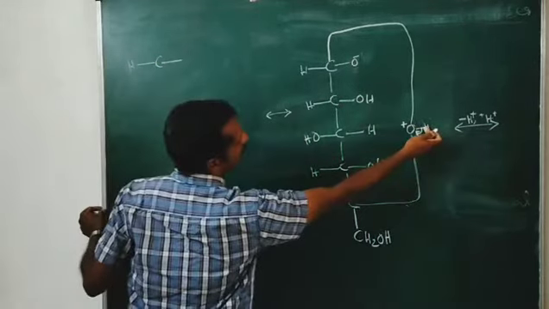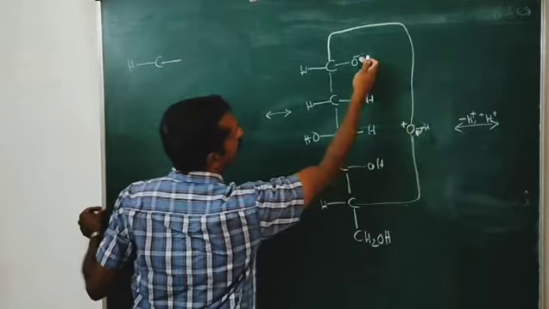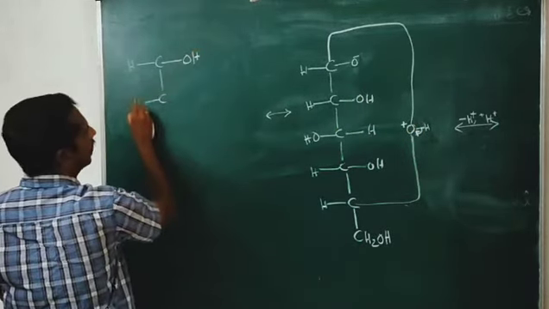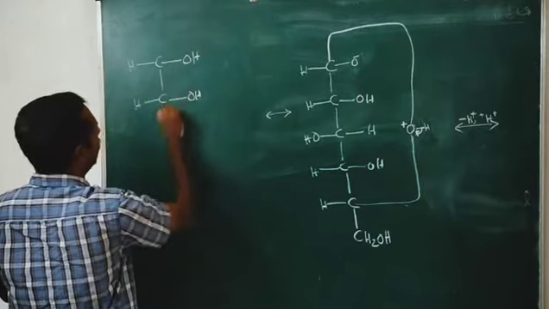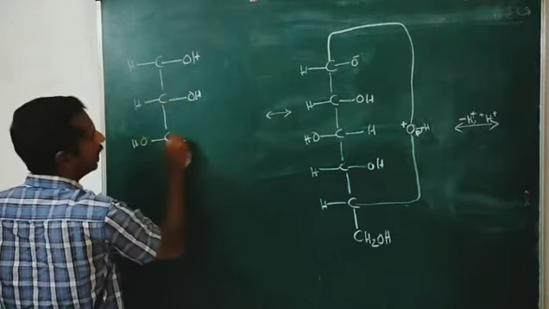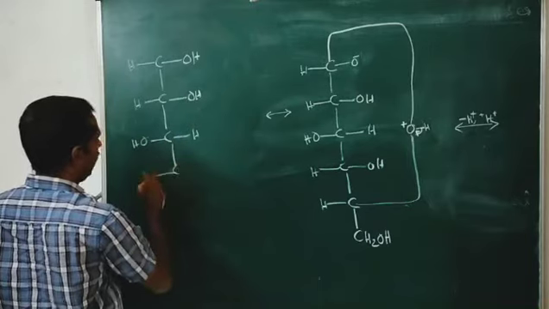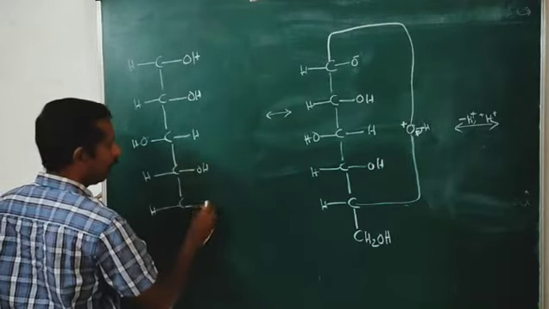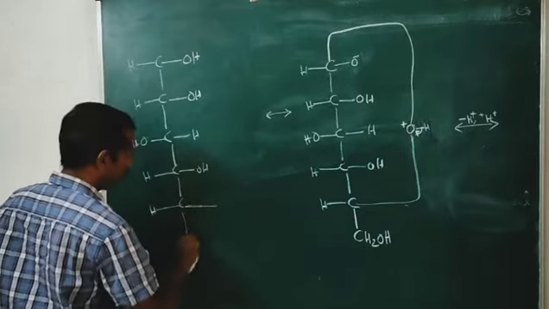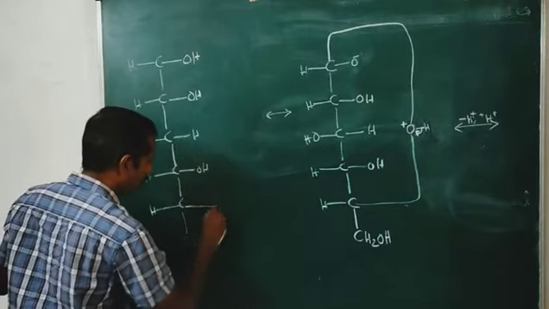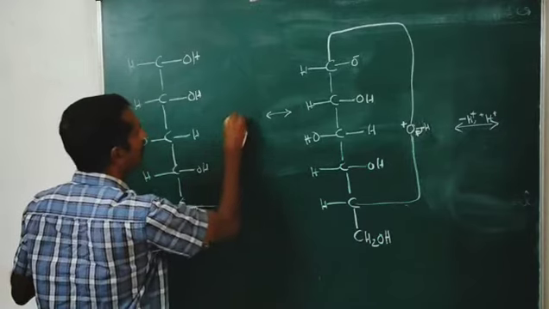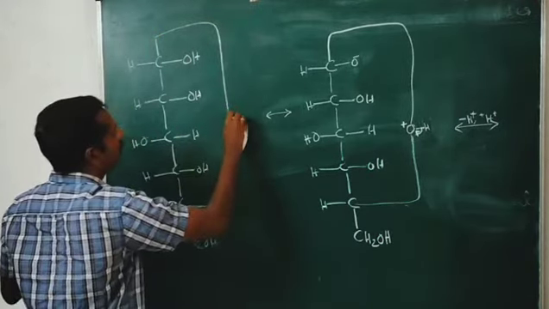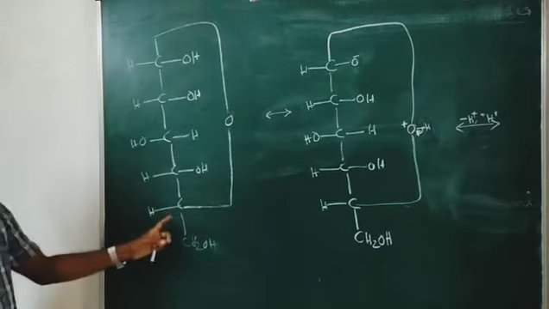Since this hydrogen is removed from here and is coming to oxygen, this will become OH, and the rest is the same, CH, OH, CH, and here it is CH2OH. Now here it is oxygen, and you get a structure like this.